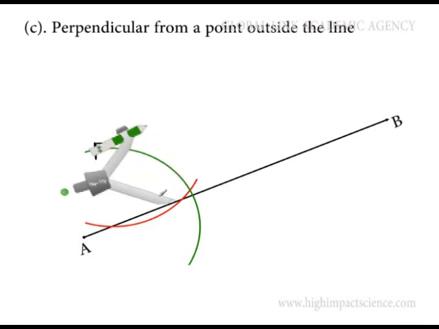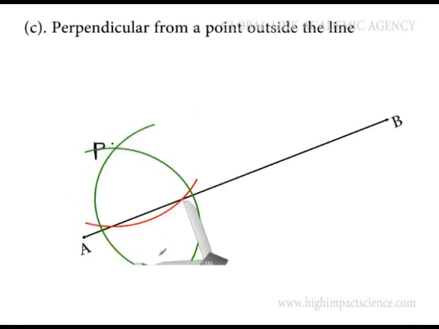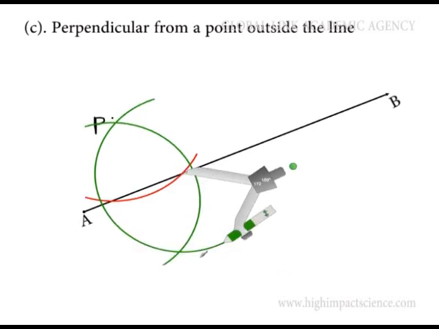Place it on the other point and make another arc. The last part is to draw a straight line through the 2 intersection points. And so we have dropped a perpendicular to AB from P.